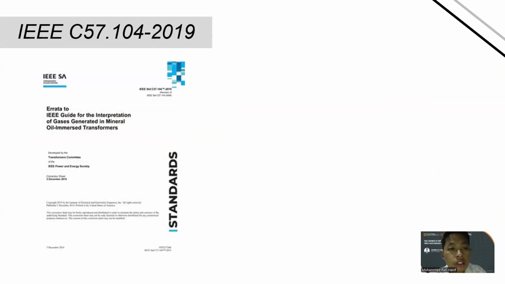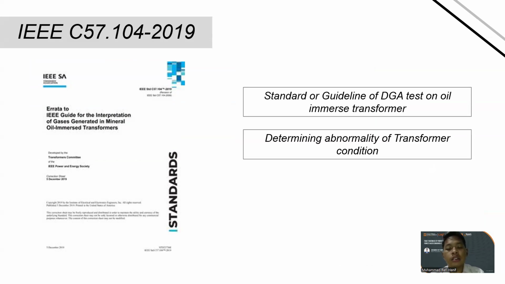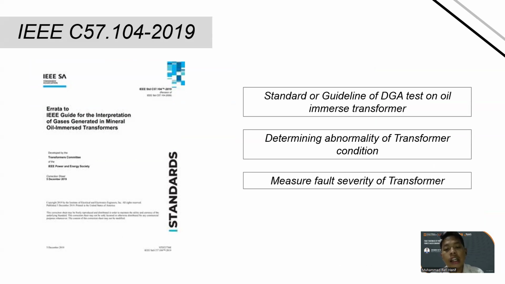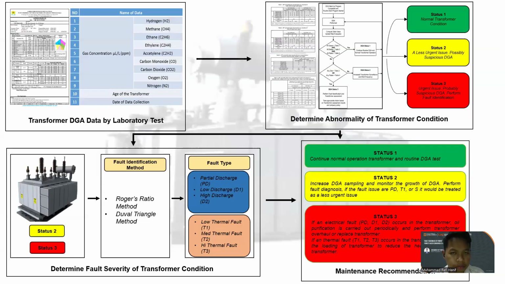IEEE C57.104-2019 is a standard or guideline for the DGA test on oil-immersed transformers. And this one is used to determine abnormality of transformer condition and to measure the fault severity of the transformer. And then the last is to determine the maintenance recommendation action according to the fault diagnosis.